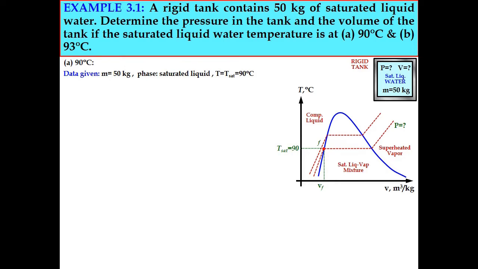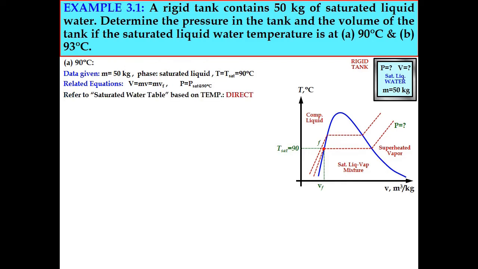We need to know the pressure and also the volume at this condition. The related equation, because we need to determine the volume, is V equal to mass multiplied by specific volume. For this case, the specific volume refers to vf, and P equals P saturated at 90 degrees Celsius.